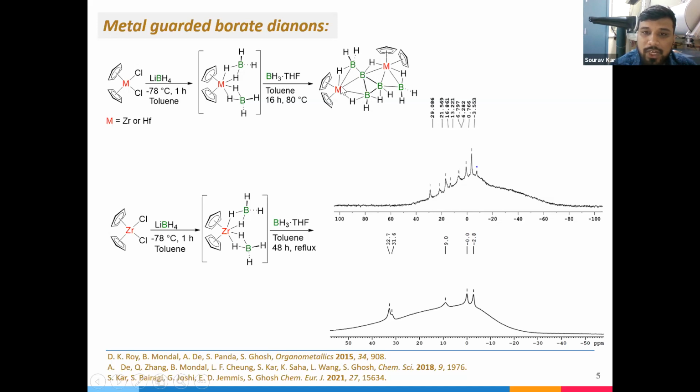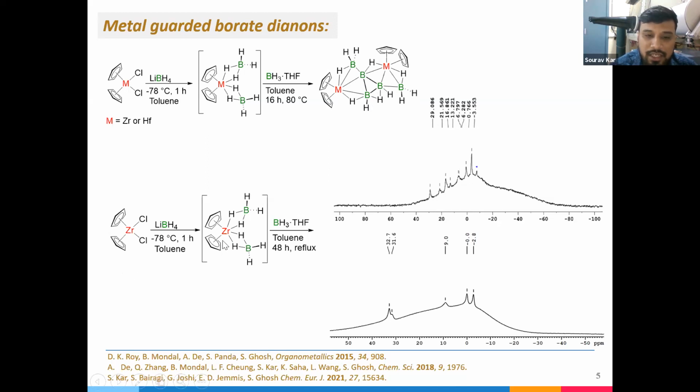This Cp2M BH4 unit, we can consider as a wing to stabilize this B3.